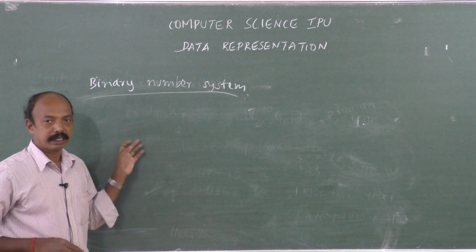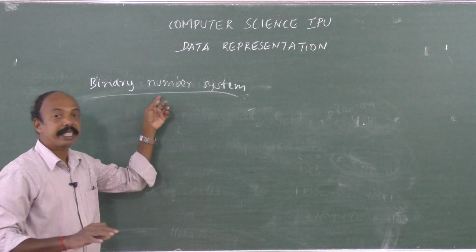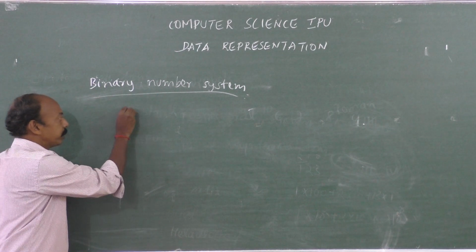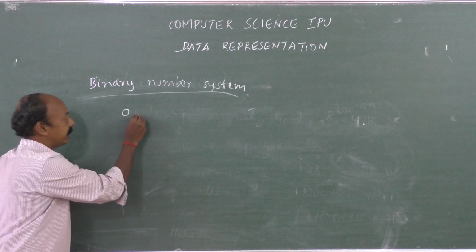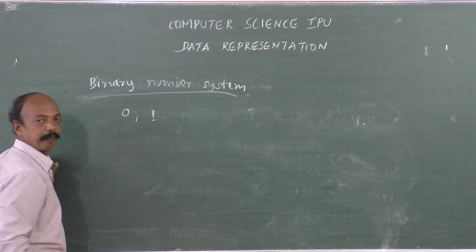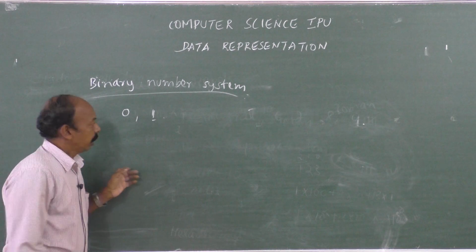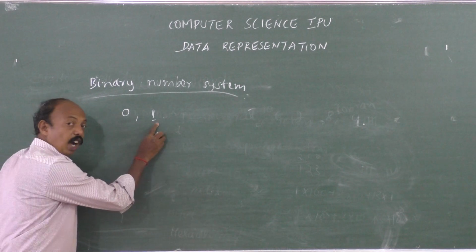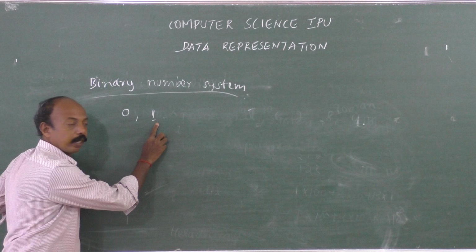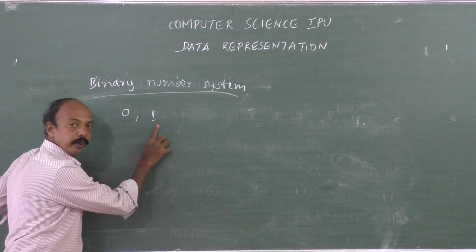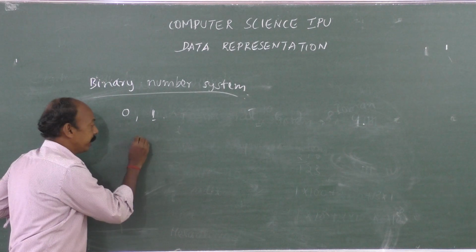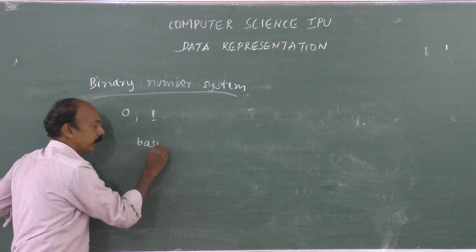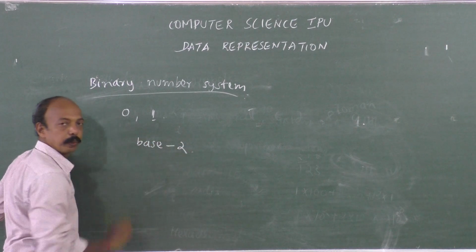In the binary number system, as the name suggests, we have only two symbols, 0 and 1. So how many symbols do we have? Only two, 0 and 1. That's why the base is 2.